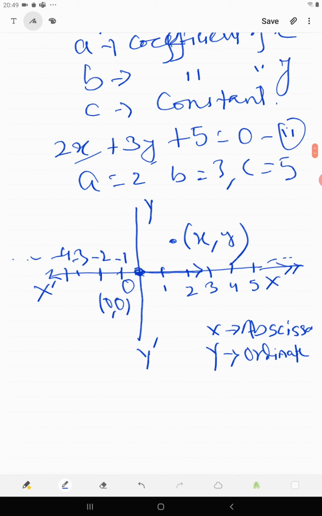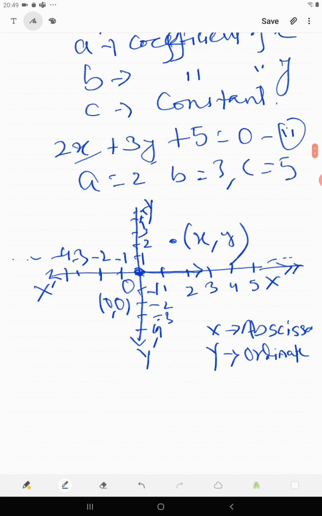Similarly, if you are going on top from the origin, then it will be positive and it will be the ordinate. So 1 2 3 4 5. So this is the positive one. Now if it is negative, then we have to come down, -1, -2, -3, -4, like that. It can go up to minus infinity. So this is our coordinate system.